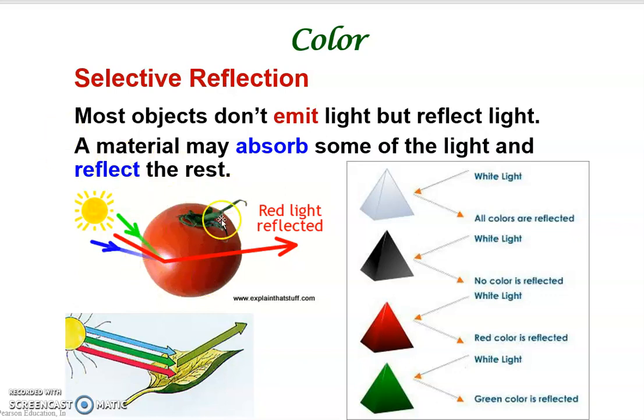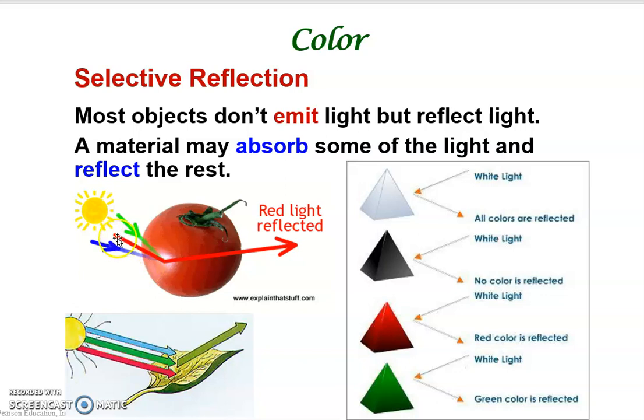For example, the skin of a tomato looks red. The light from the sun is white light, and later I will explain that white light is composed of green, red, and blue. It hits the surface of the tomato, but only the red light is reflected. All other frequencies within the white light from the sun are absorbed.